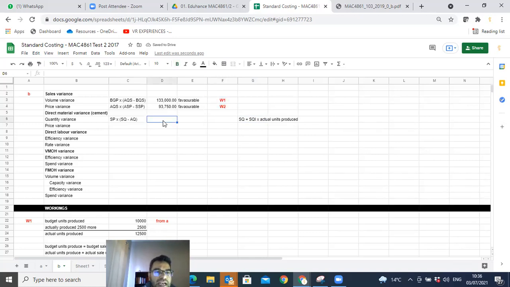The standard price per kilogram was given to us as 185, multiplied by standard quantity. The SQI is the quantity per unit, 8 kilograms per unit, multiplied by the actual number of units, 12,500.